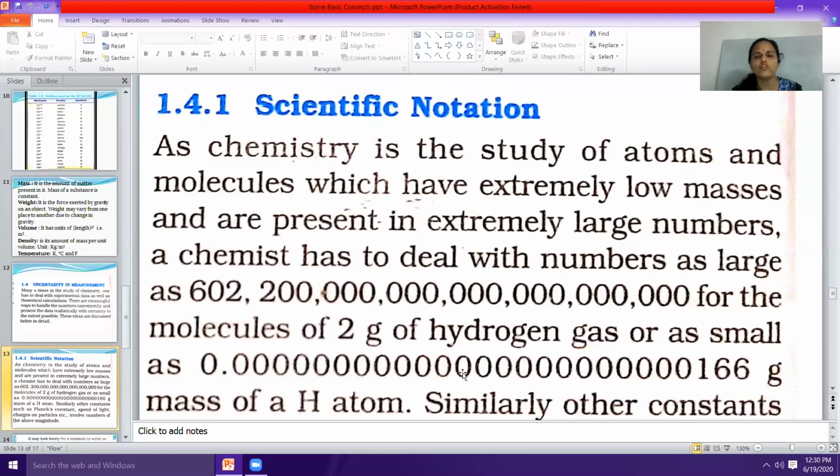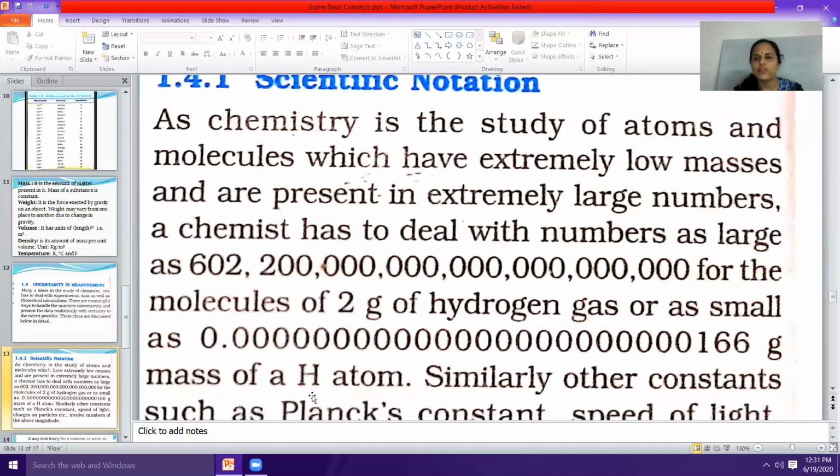For the molecules of 2 grams of hydrogen gas, or as small as 0.00000, see how many zeros are there, 166 gram mass of a hydrogen atom. So it's very difficult to read a very big number, or it is very difficult to read a very small number there.